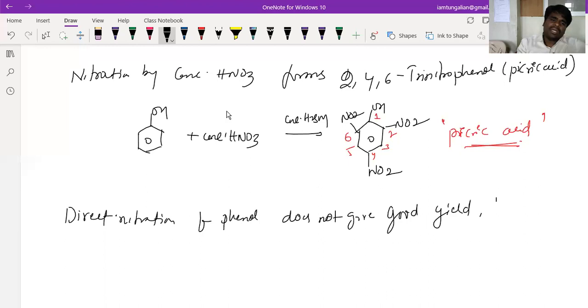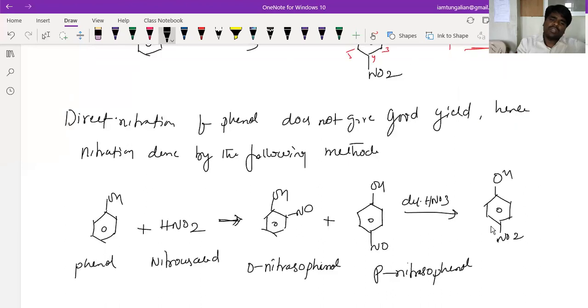Why do we call it picric acid, though it is a phenol? It is nitration by concentrated HNO3 in the presence of concentrated H2SO4. It is called an acid because it is a strong, solid acid.